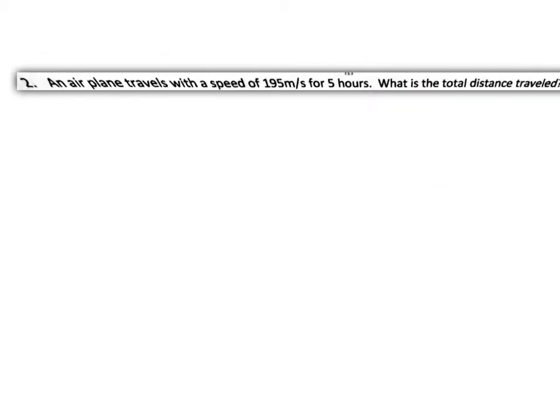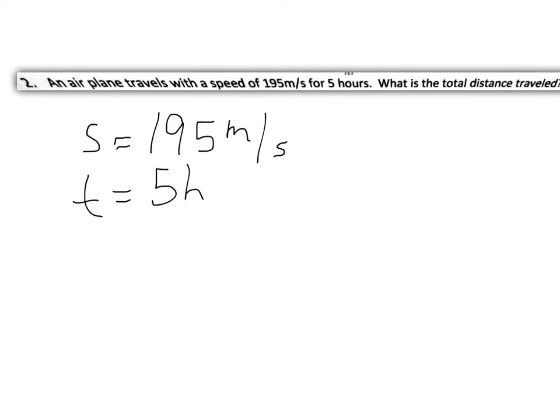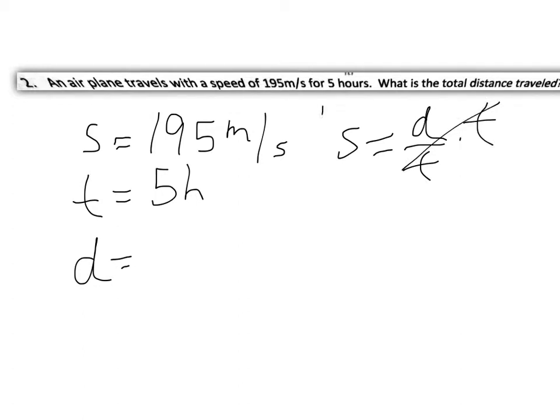Alright, an airplane travels with a speed of 195 meters per second for 5 hours. What's the total distance traveled? Well, we know that speed equals distance divided by time. So if we want to isolate distance, we're going to divide both sides by t.